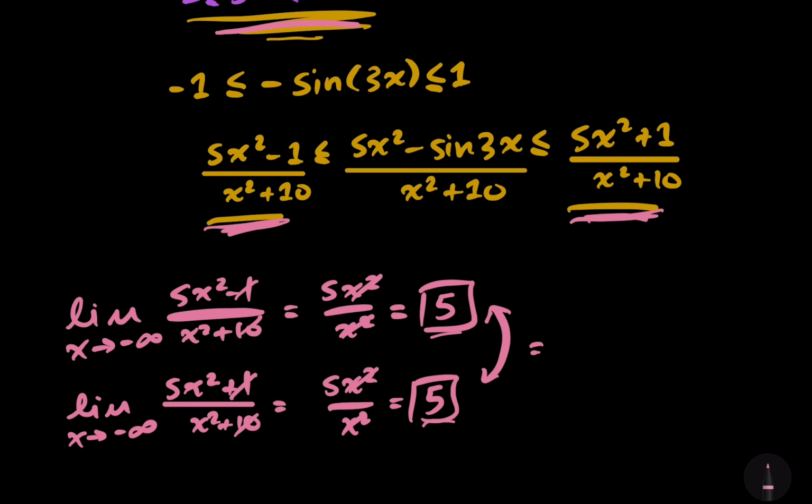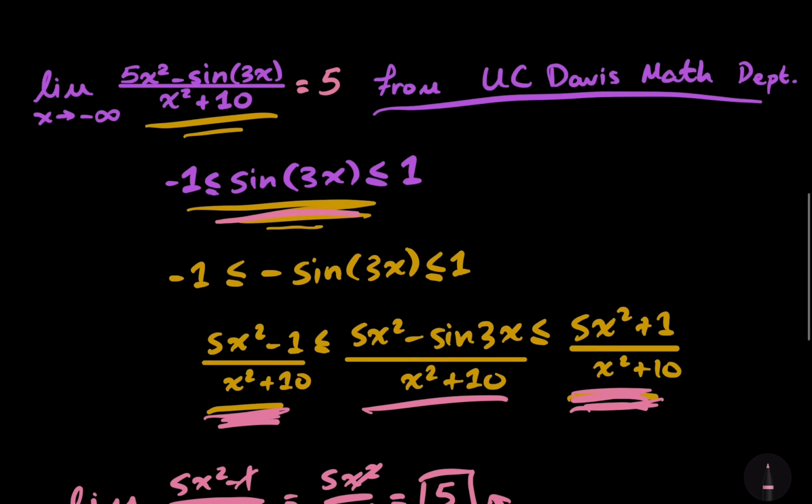Then we were able to use our knowledge of limits at infinity to evaluate these limits, which were significantly easier than this one over here. We found that they were equal to each other, and then we could use the squeeze theorem to officially make the statement that this limit as x approaches negative infinity is equal to 5.